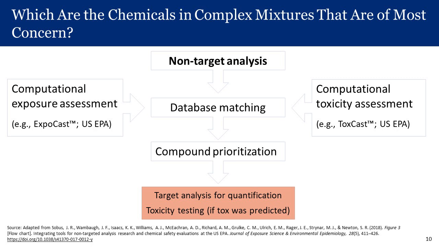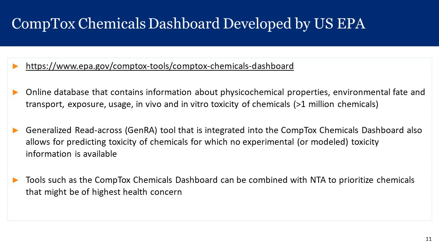I want to briefly talk a bit more about the CompTox chemicals dashboard, because I really believe this is a very powerful tool that can help a lot in prioritizing compounds. This CompTox chemical dashboard is a very extensive database that has information about the physical chemical properties, the environmental fate and transport, exposure, usage, as well as toxicity of different chemicals.